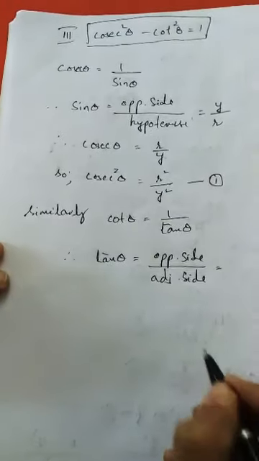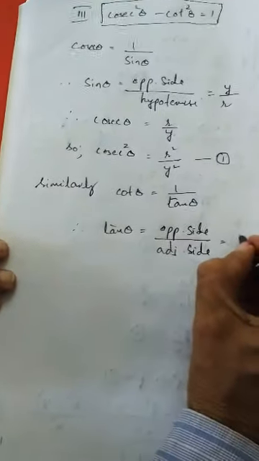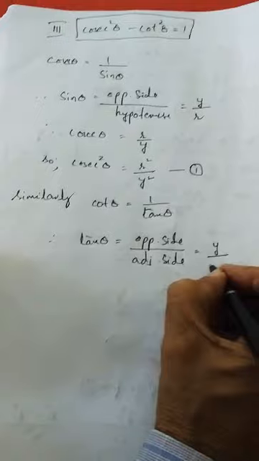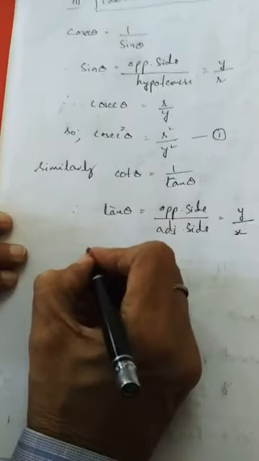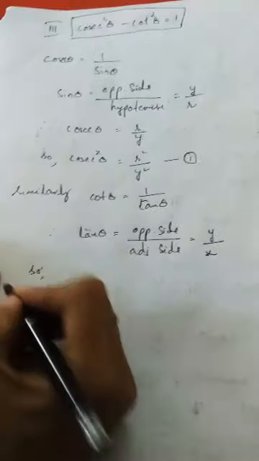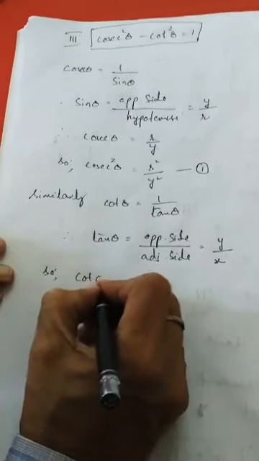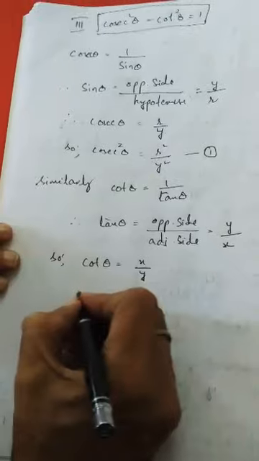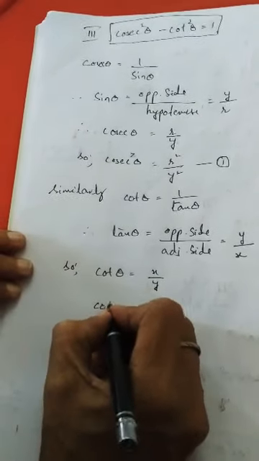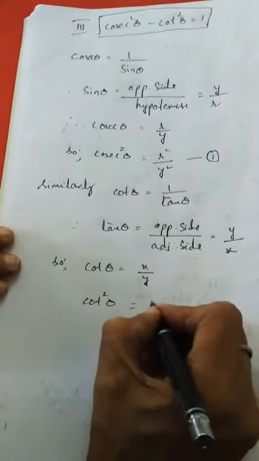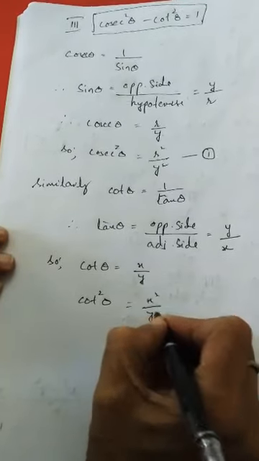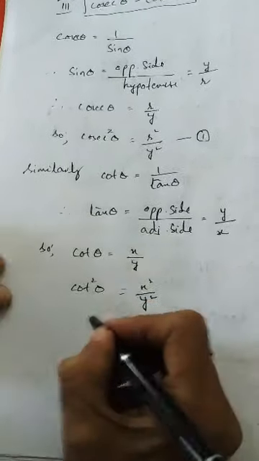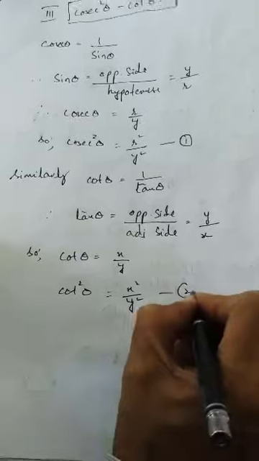So according to that triangle, the opposite side is y and the adjacent side is x, so y by x. So cot theta is the reciprocal of tan, that is x by y. Now cot square theta is equal to x square by y square. We take this as equation 2.